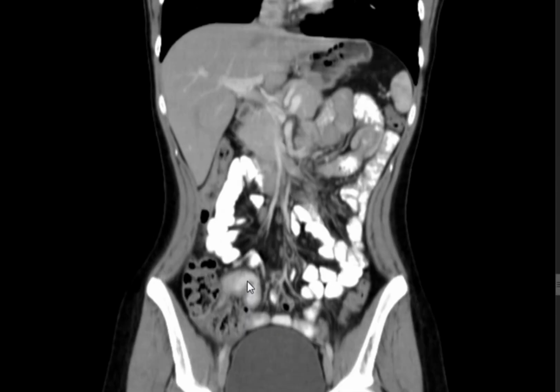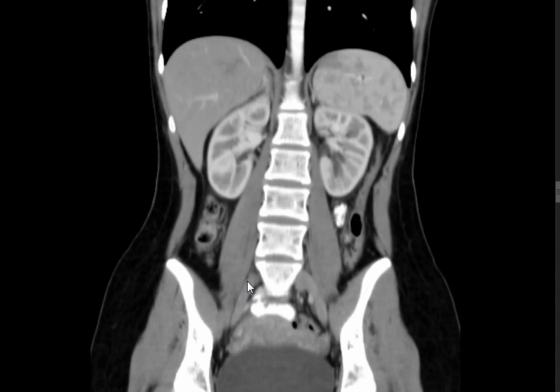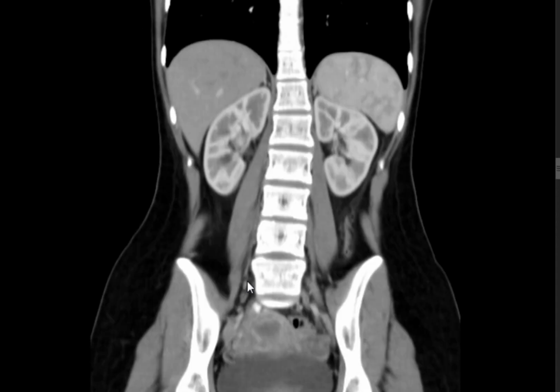It looks normal. Okay. Spleen also. Mm-hmm.